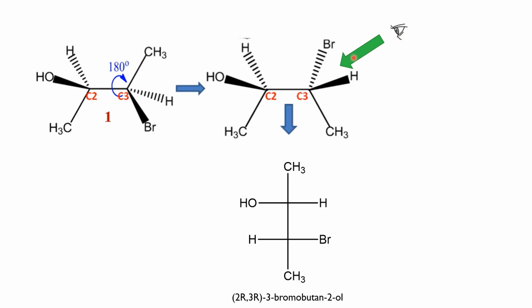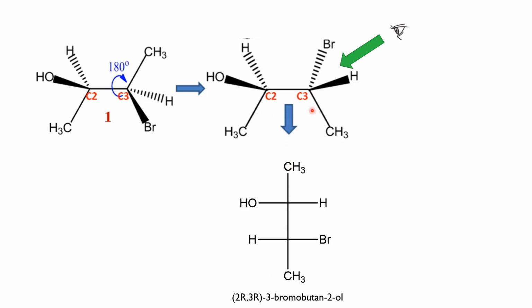When I look from here, this is my near carbon and this is the distant carbon. So the nearer carbon should be kept at the bottom of the Fischer projection and the distant carbon should be kept at the top. Therefore, here the two groups which are going away from me, when I view from here, the two methyl groups are going away from me and these two sets of bonds are coming towards me. Therefore, the bonds which are going away from the viewer should be kept in the vertical line.